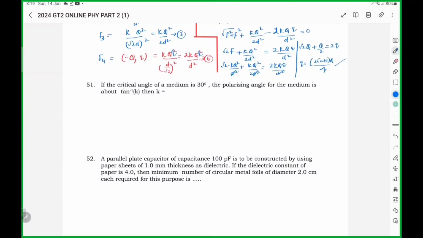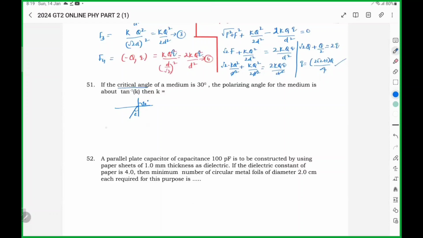So in the next problem, critical angle we use when a ray moves from denser to rarer medium for one particular angle. So the refracted ray makes an angle 90 degrees with the normal.